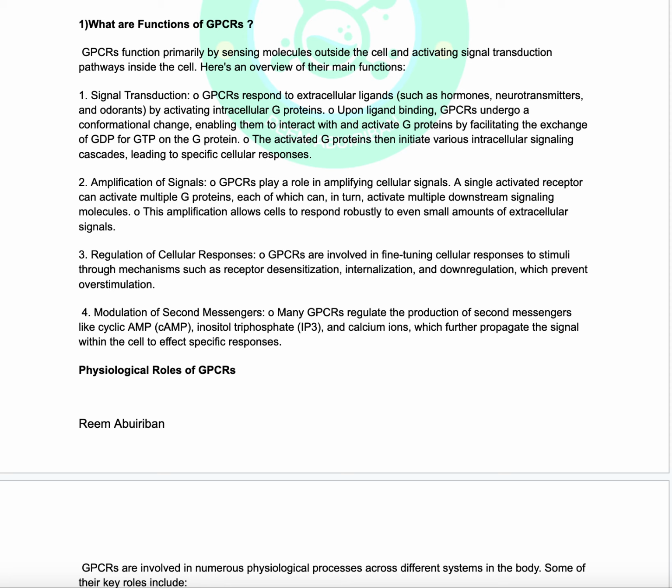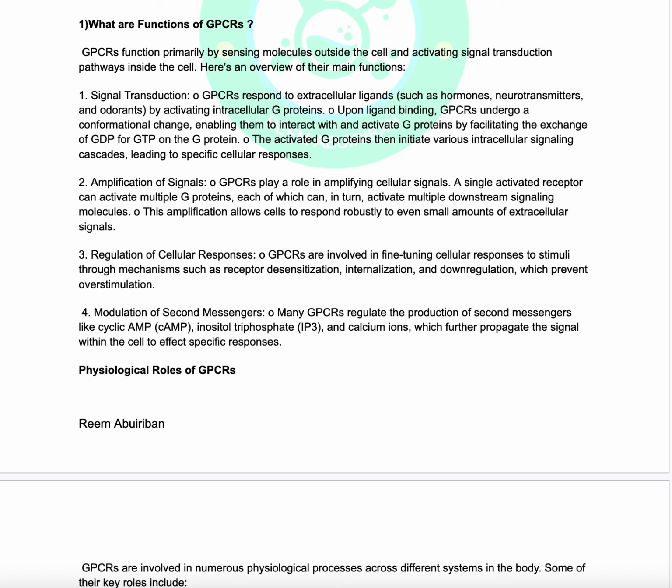And also the other function is modulation of the second messengers. Many G proteins regulate the production of second messengers like cyclic AMP, inositol triphosphate, and calcium ions, which further propagate the signal within the cell to affect specific responses. Sometimes they regulate these second messengers, and each one has a function.